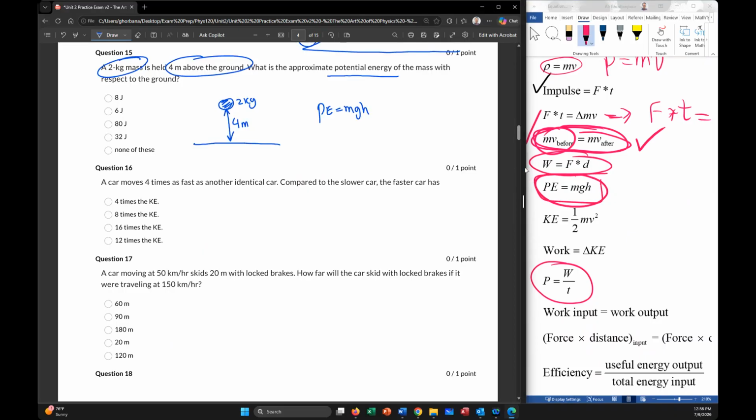Good. What is the m? 2. What is the g? 10, yes. What is the h? 4. So what is the potential energy then? 80 joule, yes. 80 joule is the right answer.